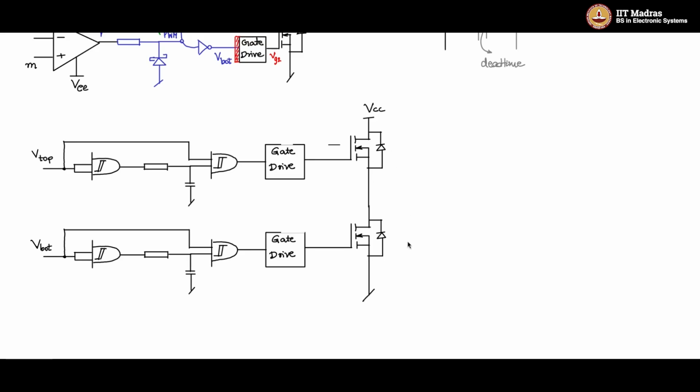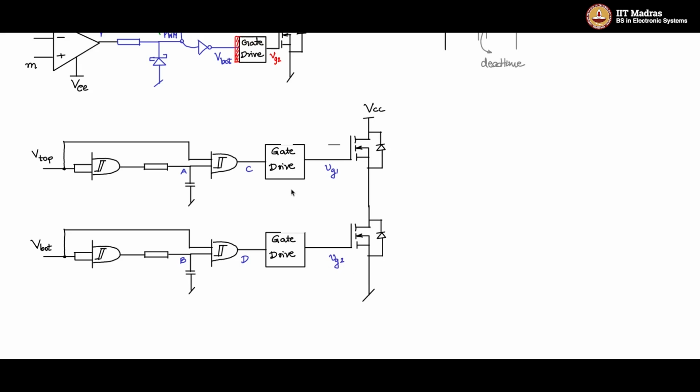This is VCC and this is ground. Let me mark some letters to identify the node points. This is A, and this is B, this is C, and this is D. This is VG1 and this is VG2.